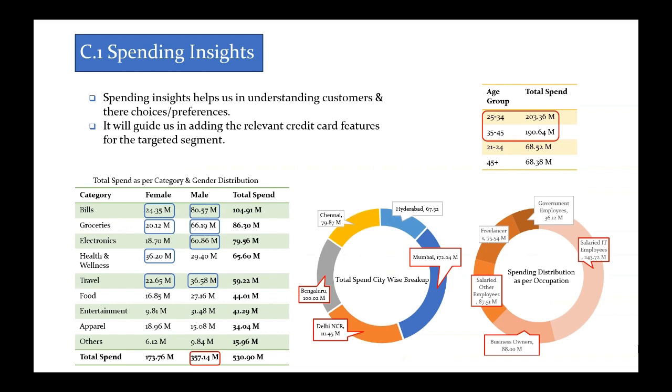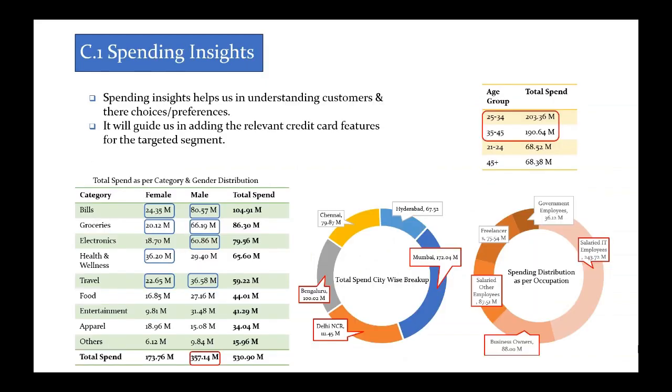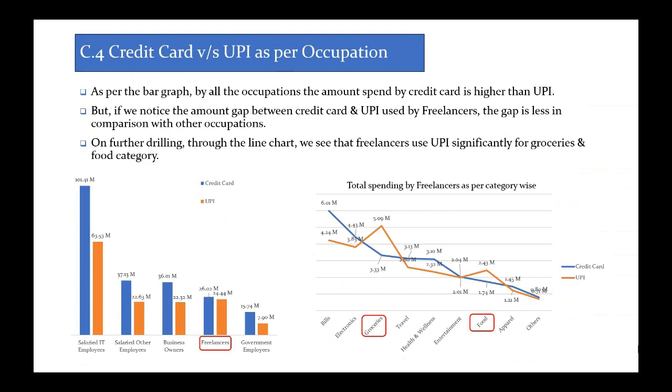So we are targeting salaried people, but we are also targeting freelancers and business owners. Freelancers because their occupation-wise percentage is higher, and business owners because their spending is higher. So, in some way, by giving some schemes, we can increase their percentage as well.